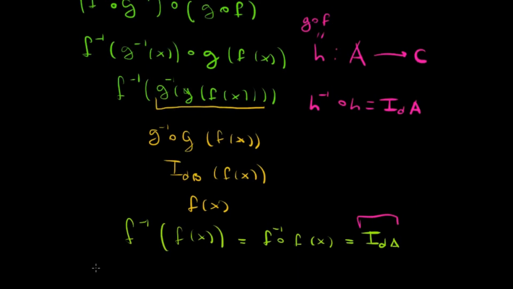So with all this, then the inverse of the composition is F inverse composed with G inverse.